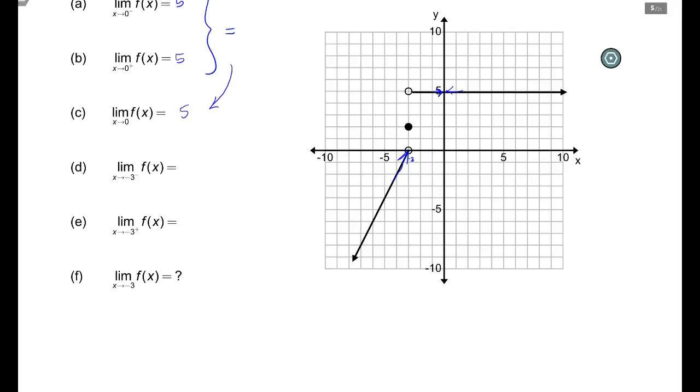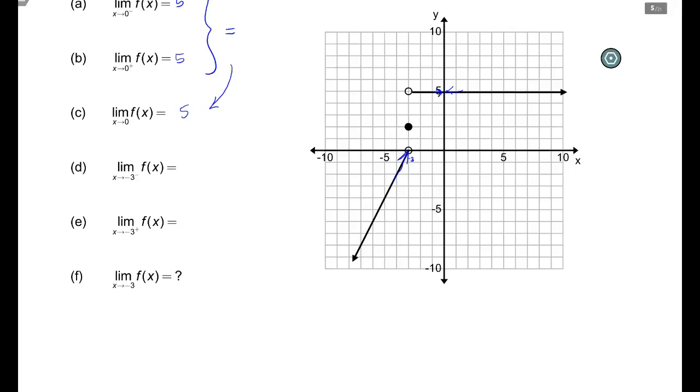This part of the line is from the left, and this line here is from the right. There's a dot there. I don't care about it at all. It has nothing to do with my limits. Anytime you have a random point, it's not going to tell you anything about limits. You just ignore it because that's just the value, but it tells you nothing about the limit.